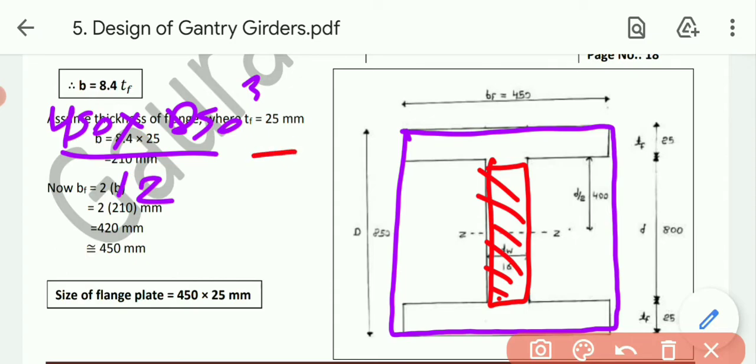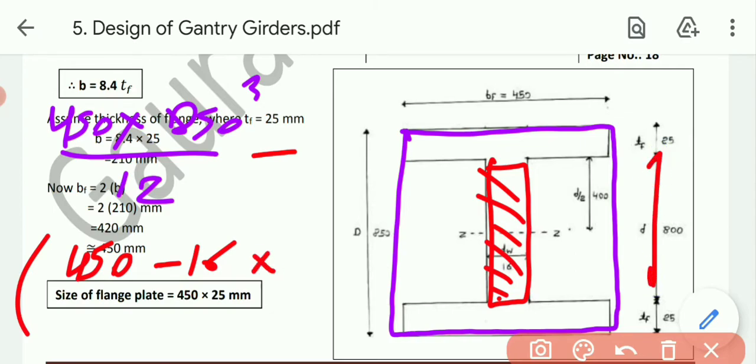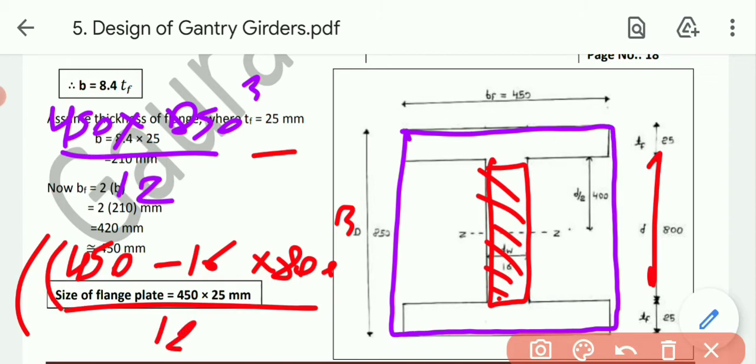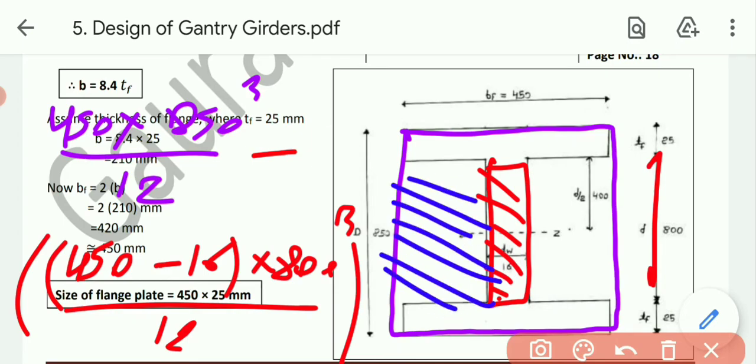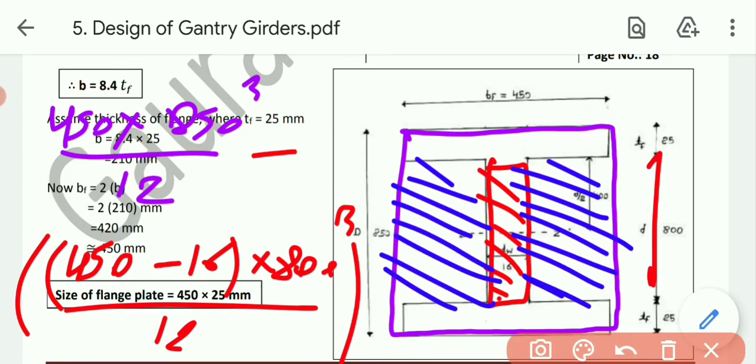Okay, so minus 450 minus depth of web, that is 16, into this depth, that is 800 cube by 12. Okay, by doing such things we will get the MI of these portions. Okay, so that's your box method.